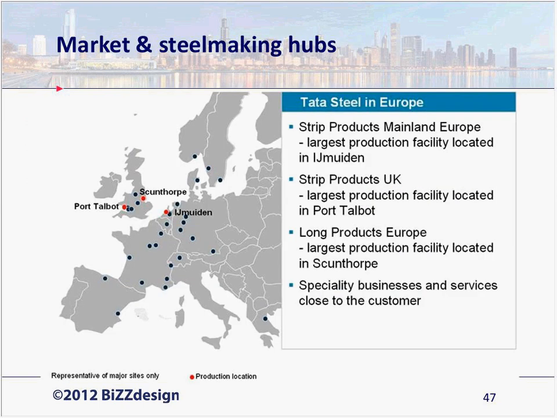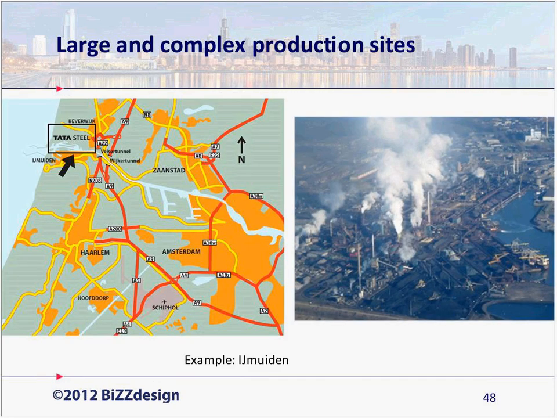Here is a picture of Tata Steel Europe. There are a lot of hubs, but the ones pointed out in red are the most important: two main sites in the UK and one main site in IJmuiden in the Netherlands. It's the largest production facility, and they can create all kinds of different steel there. To get an idea, it is very large.